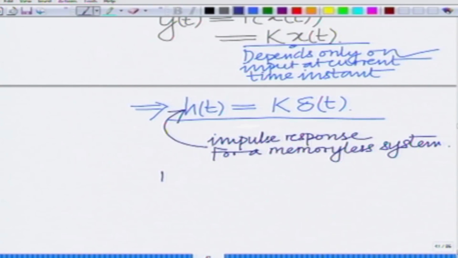So it basically says that h of t equals 0 if t is not equal to 0. It is non-zero only for t equal to 0.